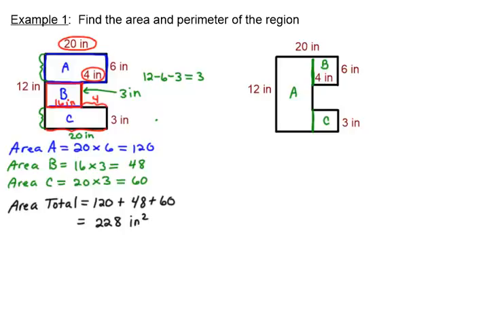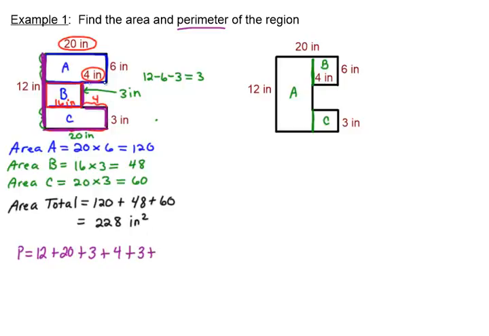Alright, now don't forget about the second part, the perimeter. Perimeter deals with the outside. So I'm walking on the outside, and I'm going to shade it purple. It's right here, that's 12. The bottom we found to be 20. First height is 3. Then we went in 4. Then we went up 3.